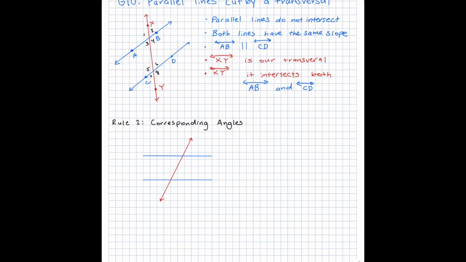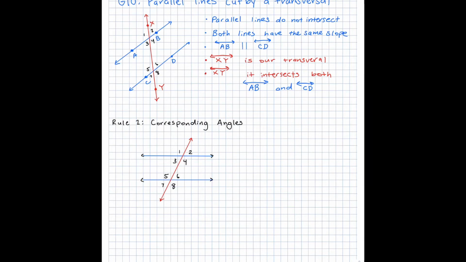And we have our angles 1, 2, 3, 4, 5, 6, 7, 8. So, corresponding angles. Corresponding angles are the angles that look like one another.